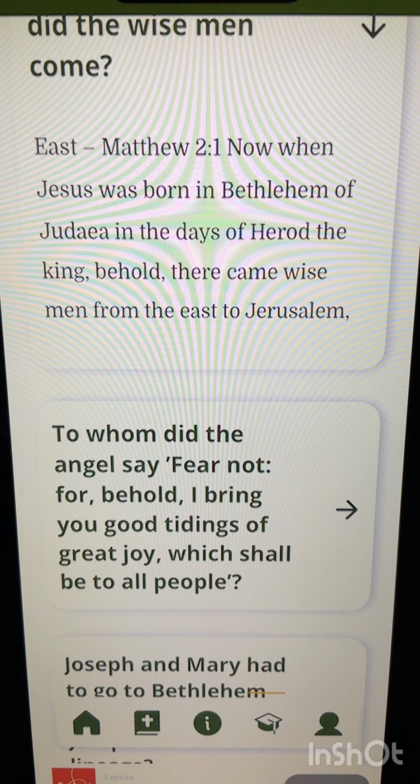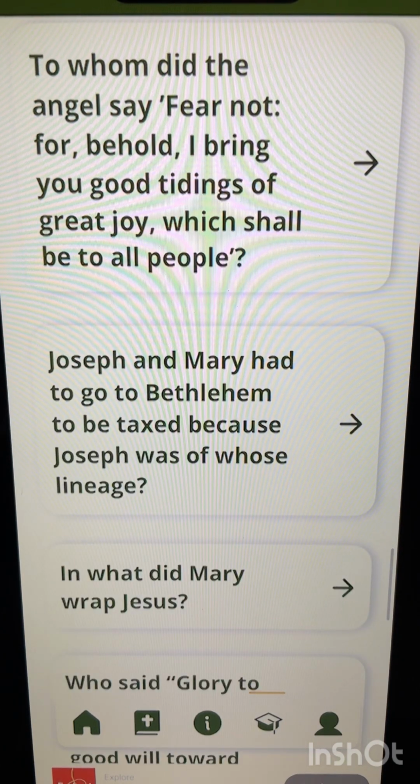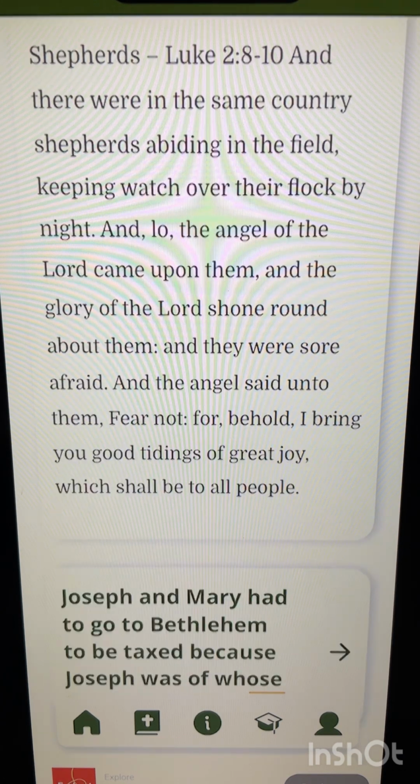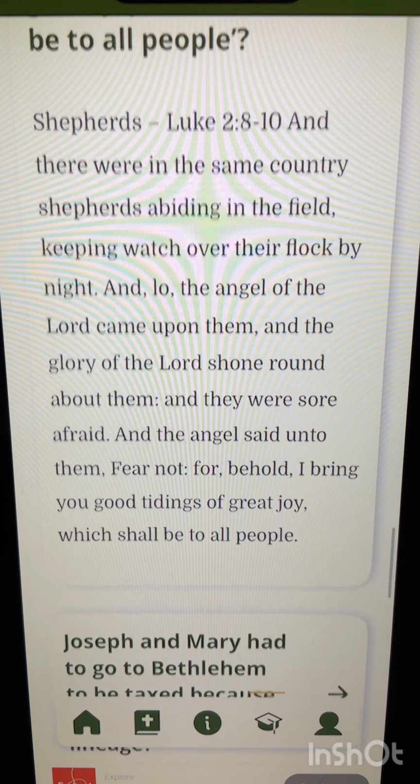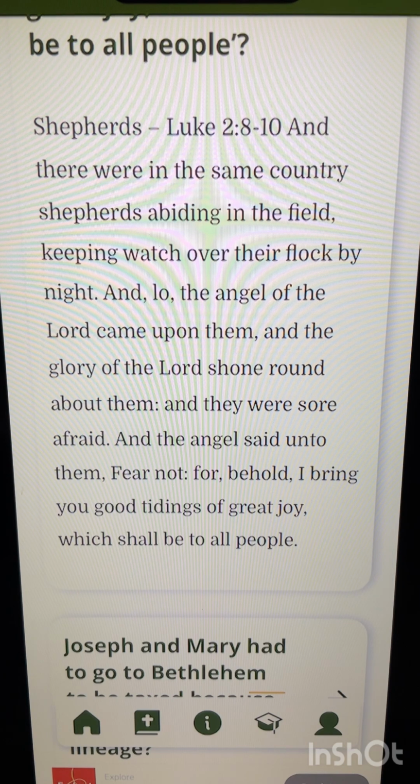Another question goes, to whom did angels say, fear not, for behold, I bring you good tidings of great joy, which shall be to all the people? And the answer says shepherds, which is in Luke chapter 2, verse 8 to 10, and they were in the same country, shepherds abiding in the field, keeping watch over their flock by night.